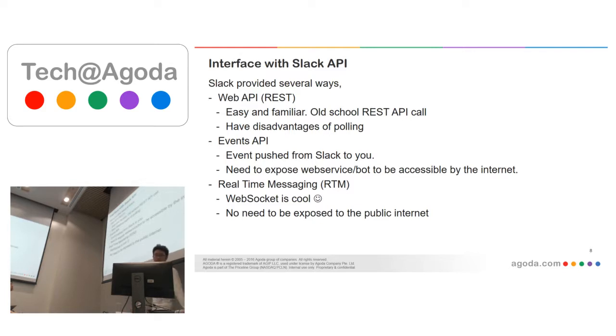And with this one, you don't need to expose your web server or the bot itself to the public internet. So just open a WebSocket from your server, and that's all.